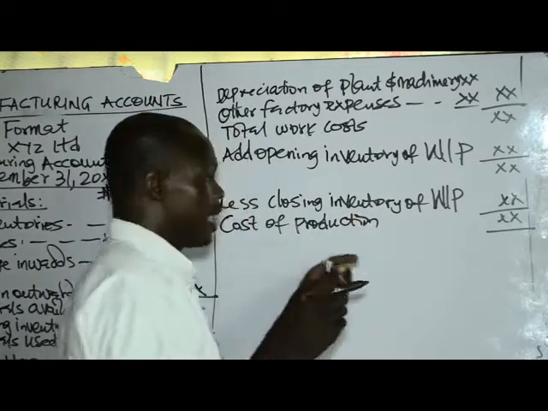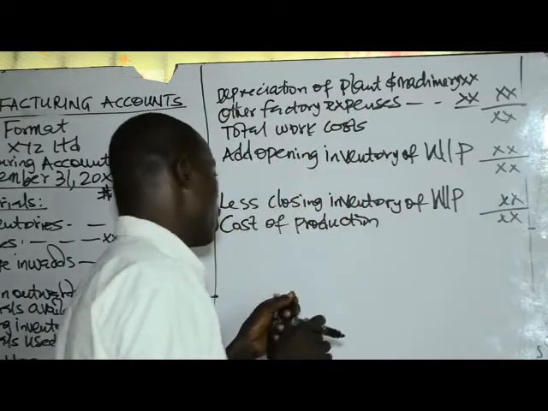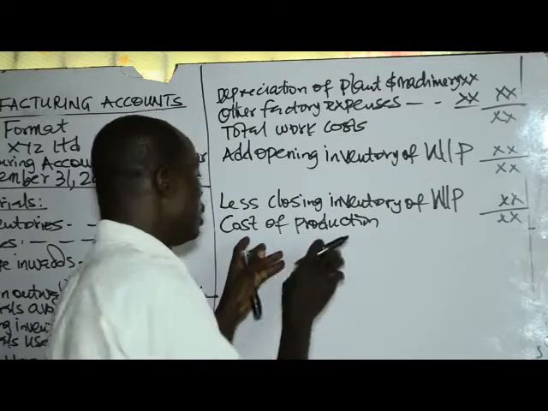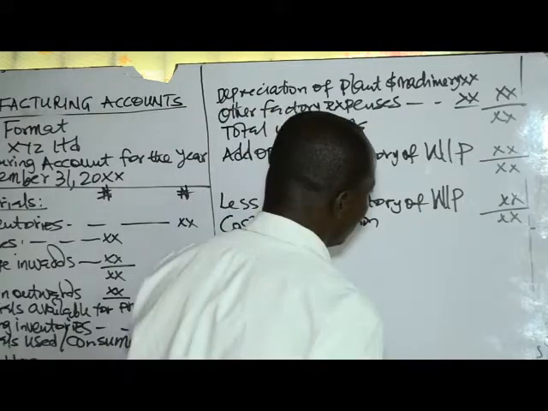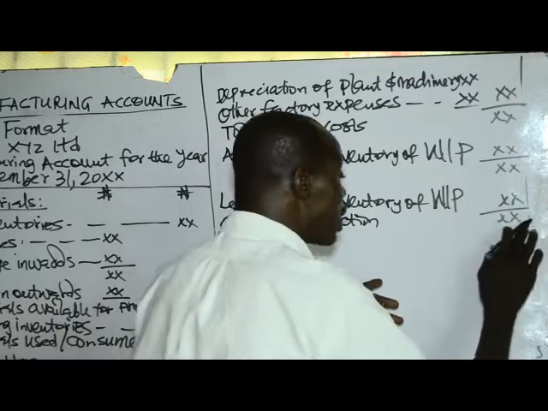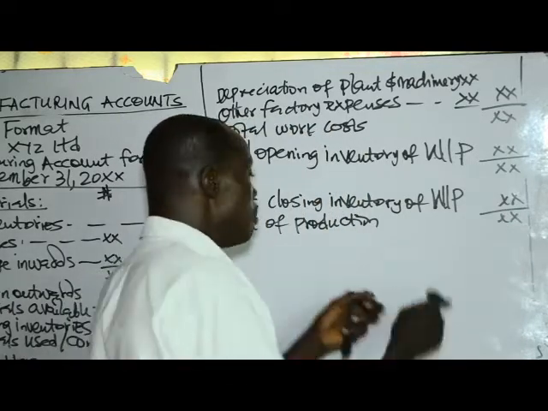to be transferred to the statement of profit or loss account. And if you are at the beginning stage, you get the cost of production to be transferred to the trading account. So then you may be given the manufacturing profit, that is a percentage markup or margin may be given.